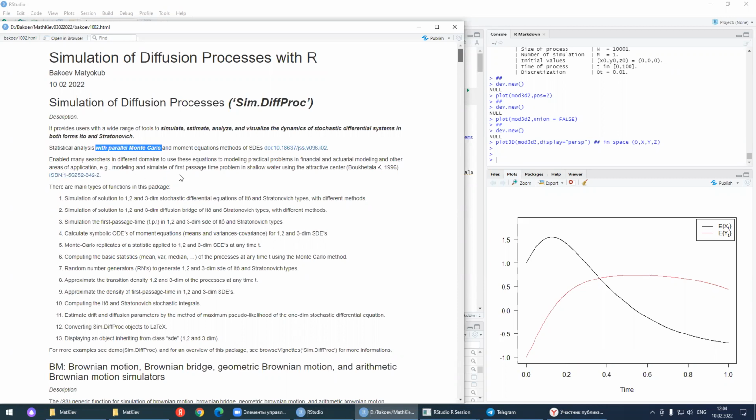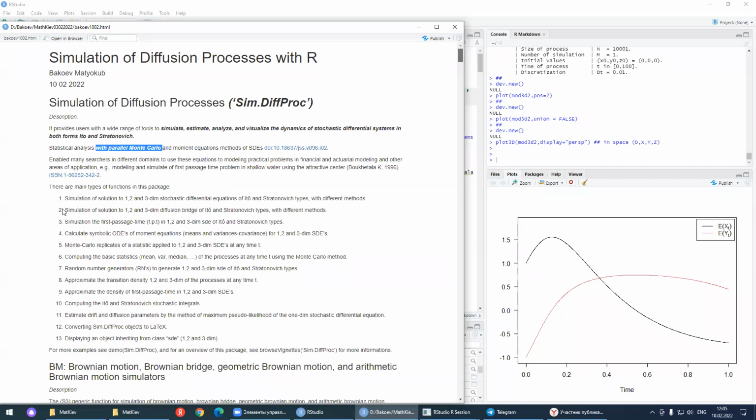There are a lot of functions. Here are some of the functions of this package. The first one: simulation of 1, 2, and 3 dimension stochastic differential equations of Ito or Stratonovich types with difference methods.